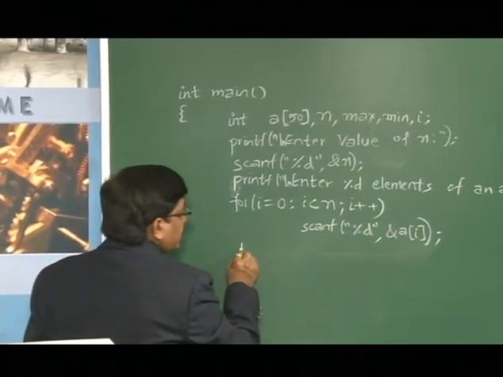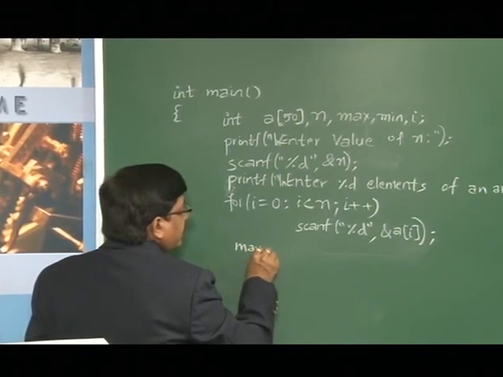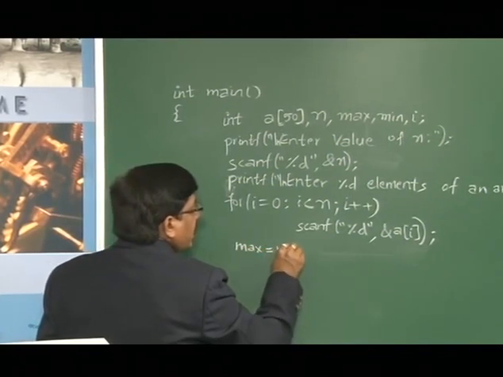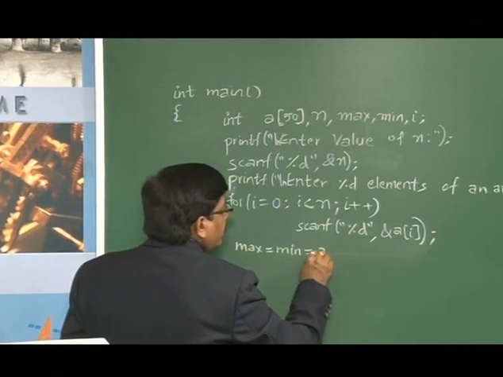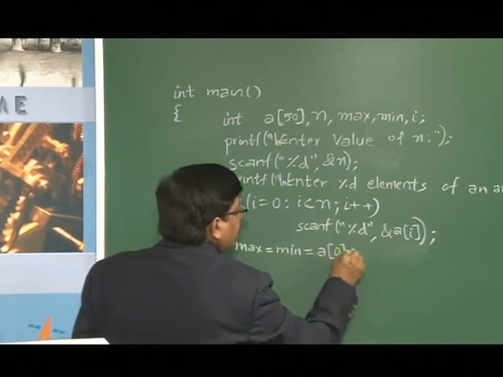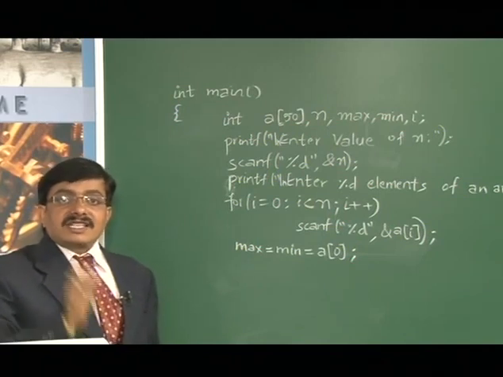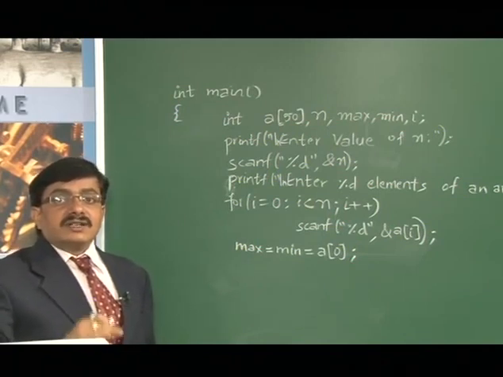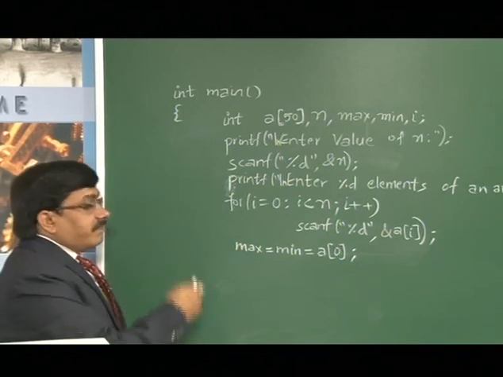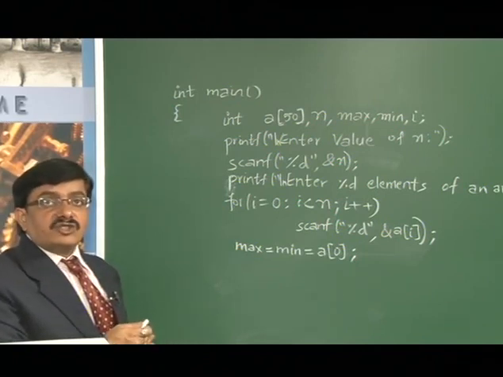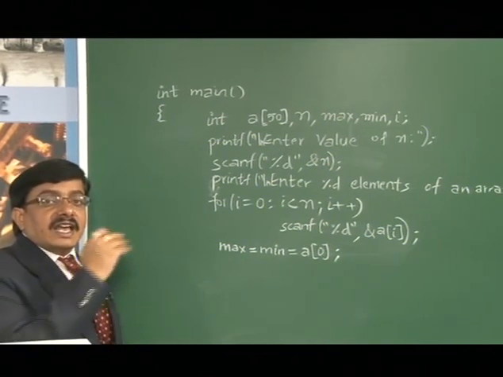Now after this I am supposed to compute the maximum element and the minimum element. As per the logic, I should assume that max is equal to min is equal to a of 0. This is most important. Fine. So our assumption is that the 0th element is the maximum element and also the 0th element is the minimum element. Now I should compare the assumed max and min values with the rest of the elements of the array.